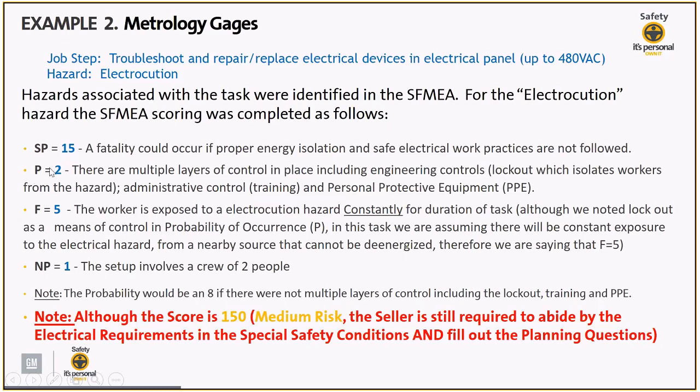But if the seller does not have multiple layers, then we make sure they know they cannot use that number 2. Also note that although the score is 150 for the highest risk, which is medium risk, the seller is still required to abide by the electrical requirements in the special safety conditions and fill out the planning questions.